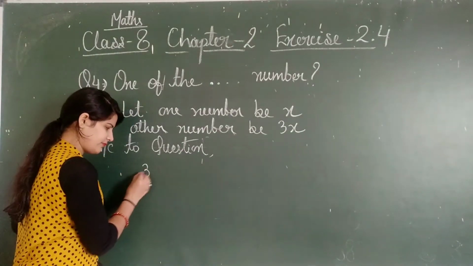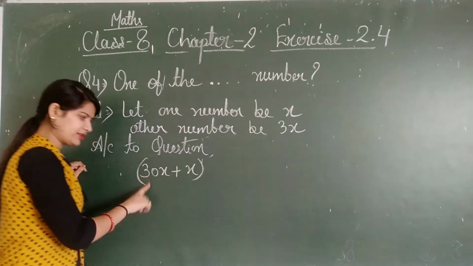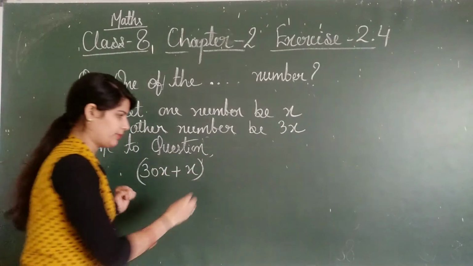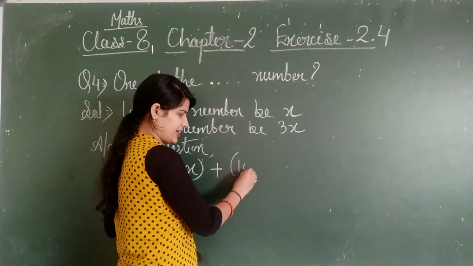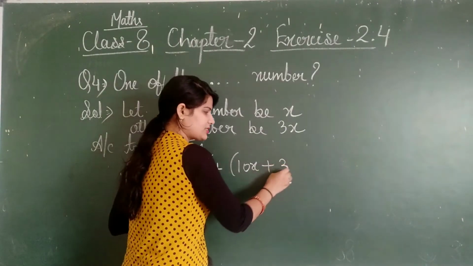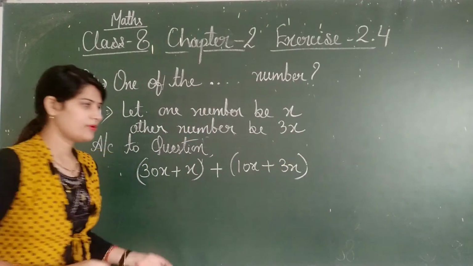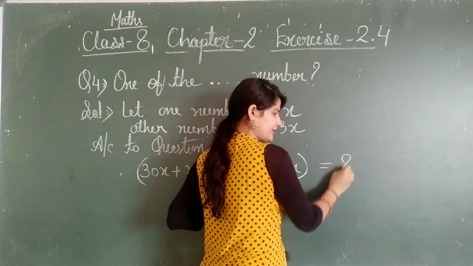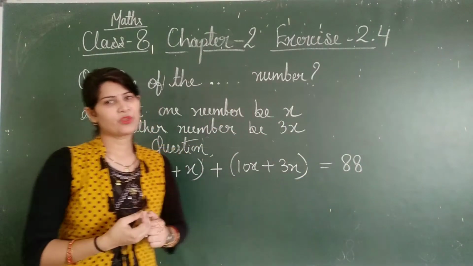First we have the interchanged number like this. Okay, 30x plus x. Now plus the other number, 10x plus 3x. Okay, the sum of these numbers you will get 88. Why 88? Because 88 is given in the question.